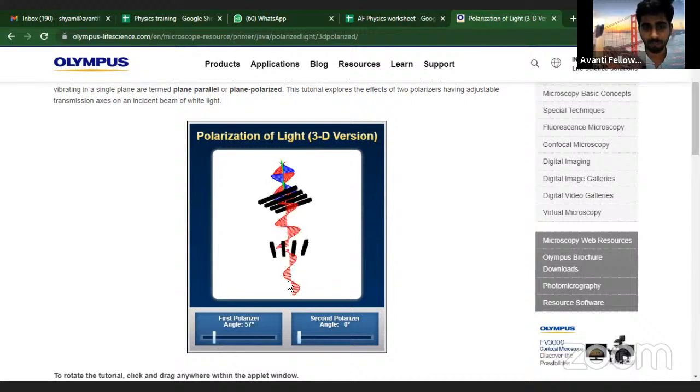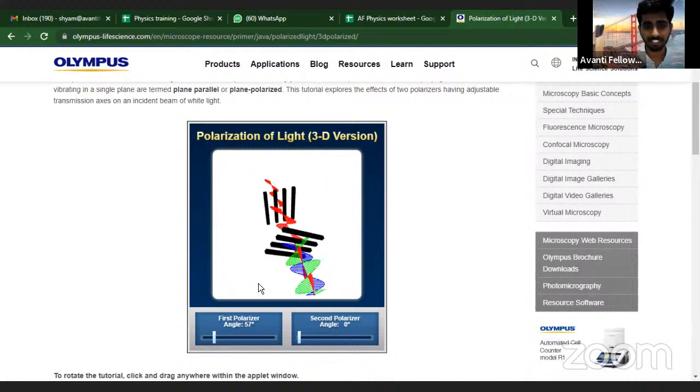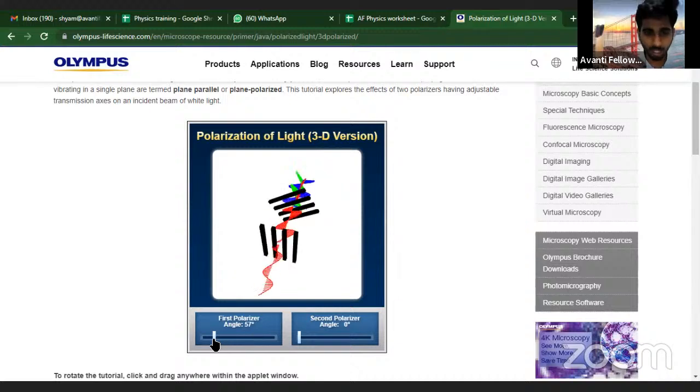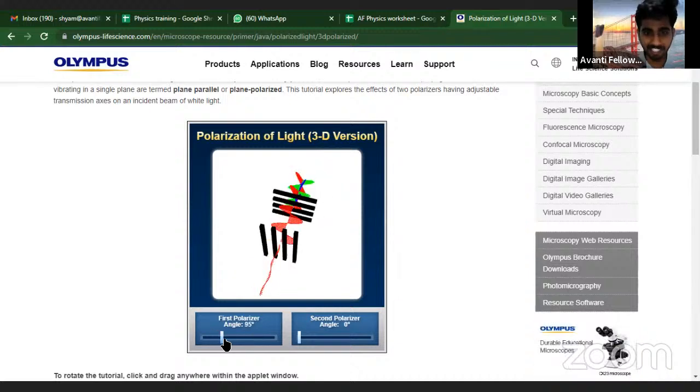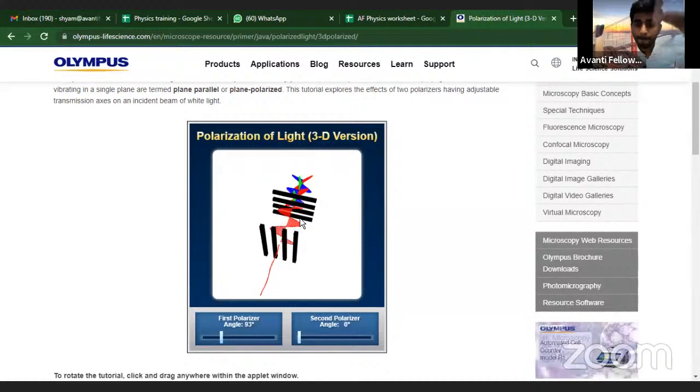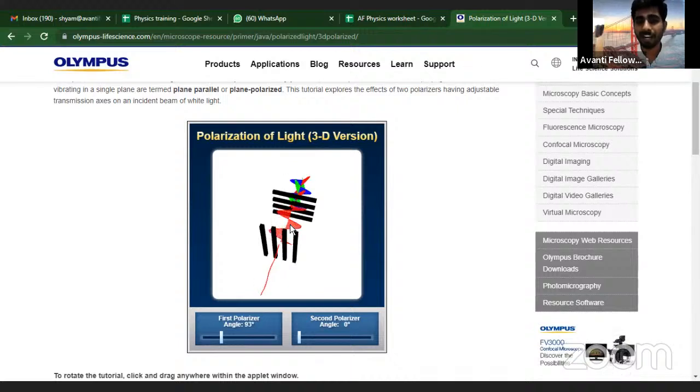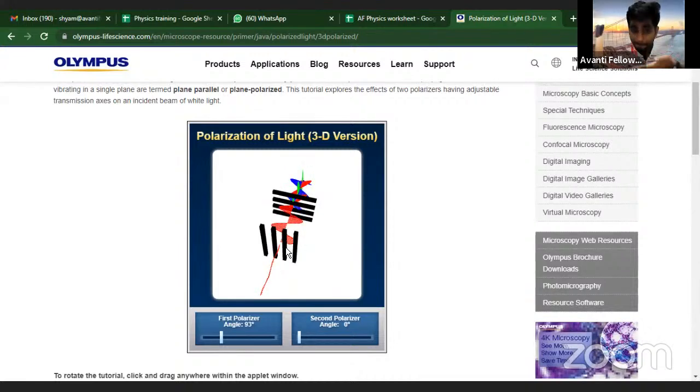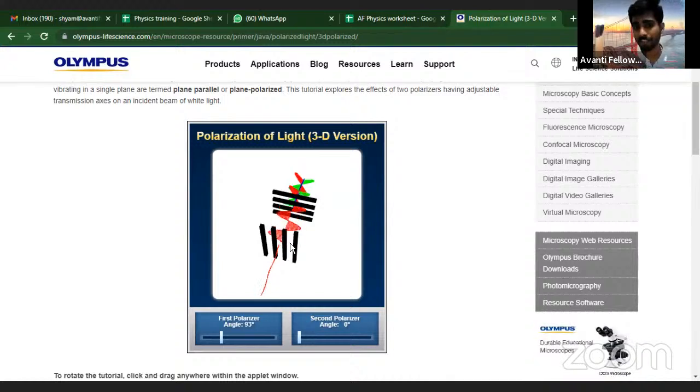Look at the top view. Yes, now it is visible. Look, I changed the angle of the polarizer. When it is perpendicular to the analyzer, look what the polarizer is doing: the waves that come in its plane, it is passing them. That means the waves coming in the middle are the polarized waves, correct. But what is happening in the analyzer actually is that those waves come in a plane which is perpendicular for it, right?